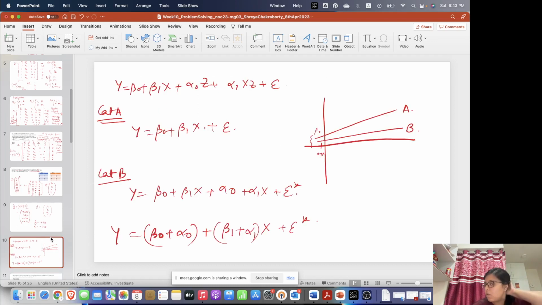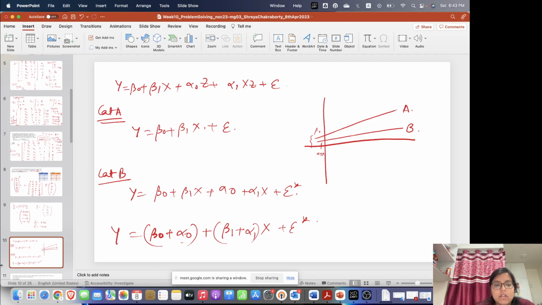In other words, we want to check how significant these alpha naught and alpha 1 parameters are, because those are only adding to the existing reference category and changing the regression line for the other category.